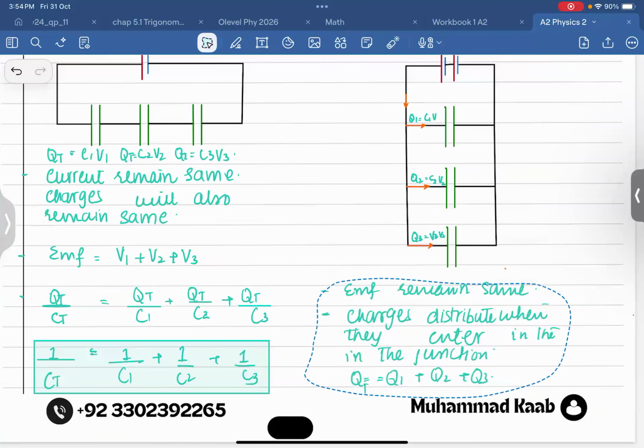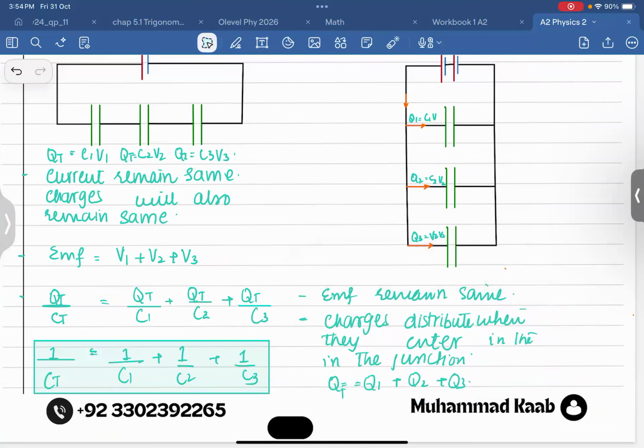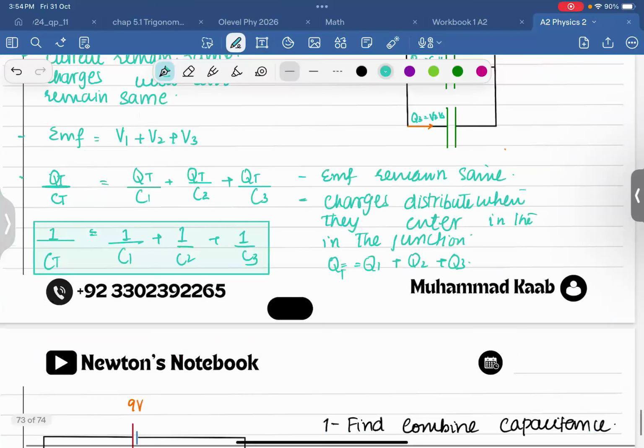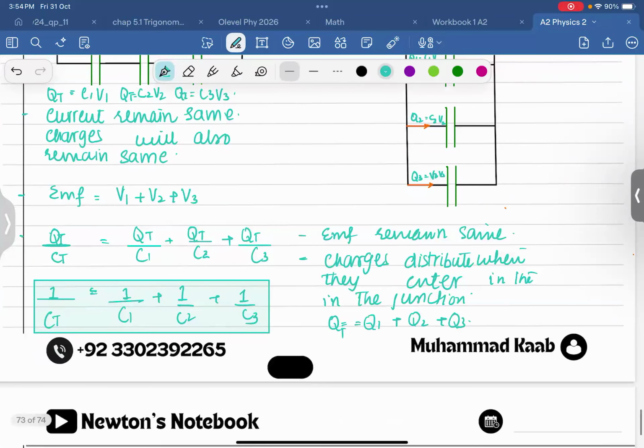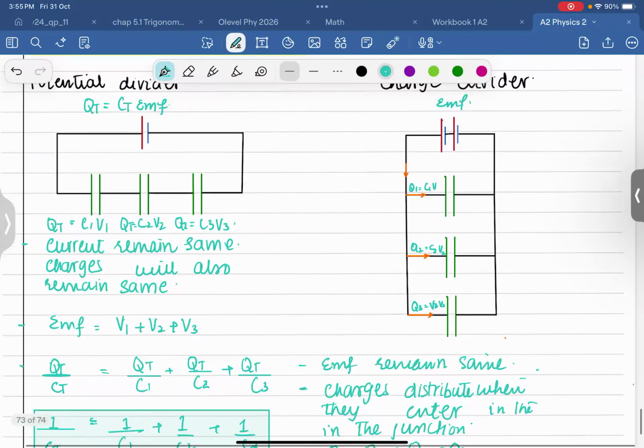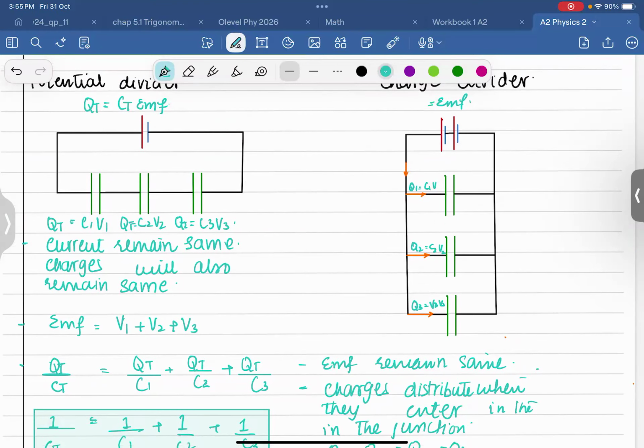you will get Q total equal to EMF times C total, right?